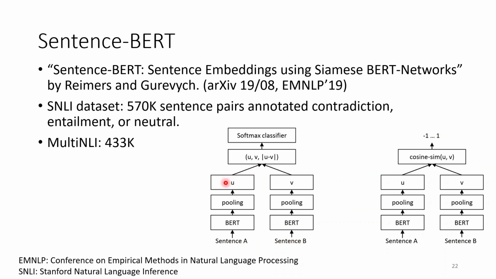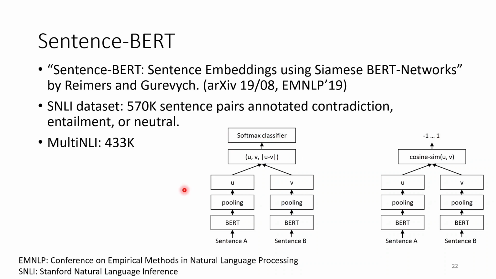And if sentence A and sentence B are neutral to each other, then the distance between sentence A and sentence B should be greater than the distance from sentence A to sentence C, if the relationship between sentence A and sentence C is contradiction. So this is called triplet loss.